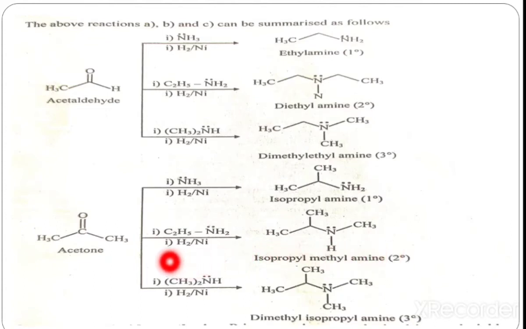And in the third reaction, when this acetone is treated with secondary amine, then H2 in presence of nickel, finally we get the dimethyl isopropyl amine. That means we get the tertiary amine. In this way, we synthesize primary, secondary, and tertiary amine.